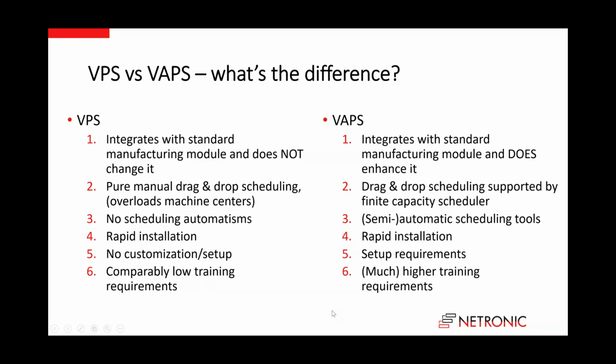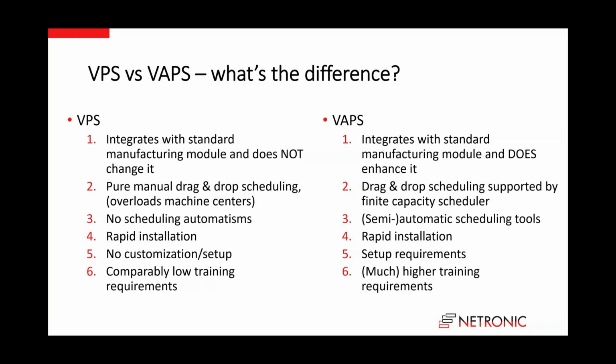Both products can get installed quite rapidly because they are pure extensions. For none of the products do you require any kind of separate database or a different database server or another kind of technology infrastructure.